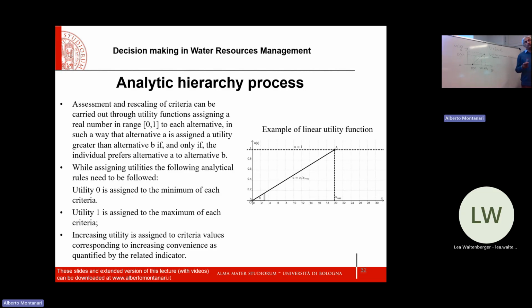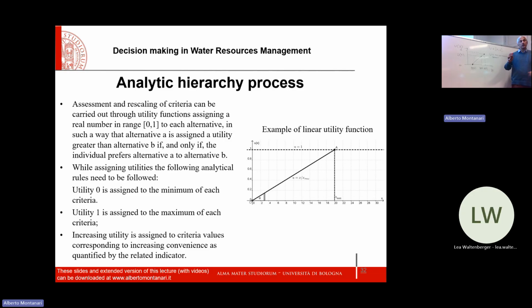The environmental impact could be measured through the cost for restoration, for instance, or it could be measured in terms of a numerical quantification by people. You may ask people to give an estimate of the utility associated with the environmental impact of the three solutions.